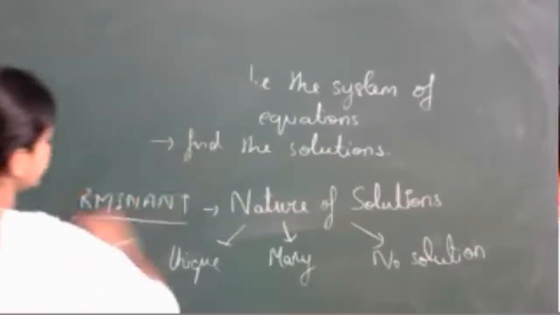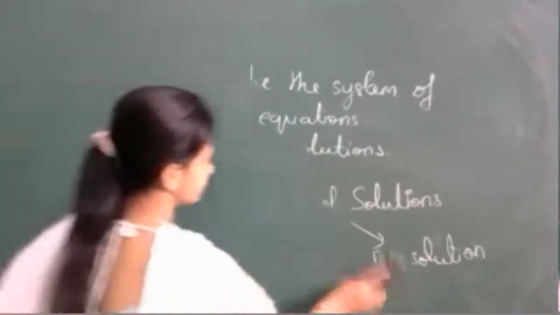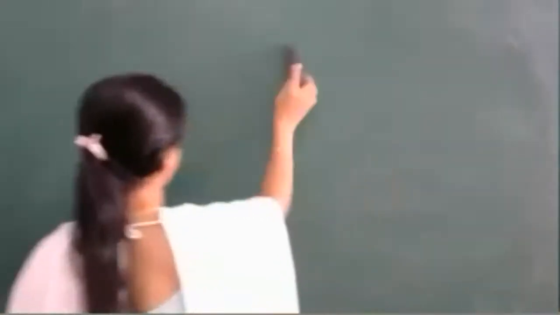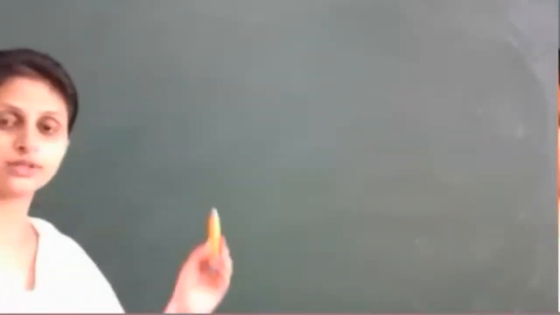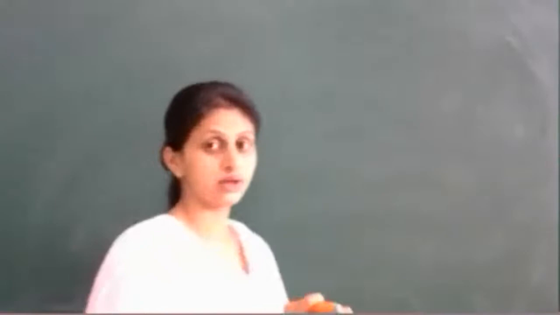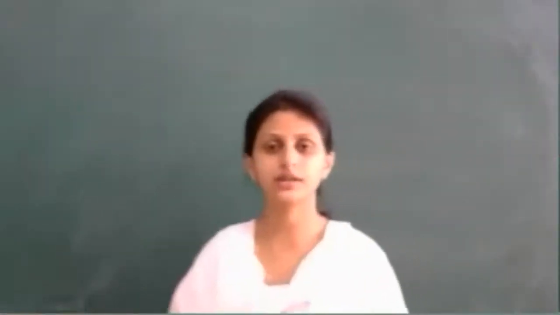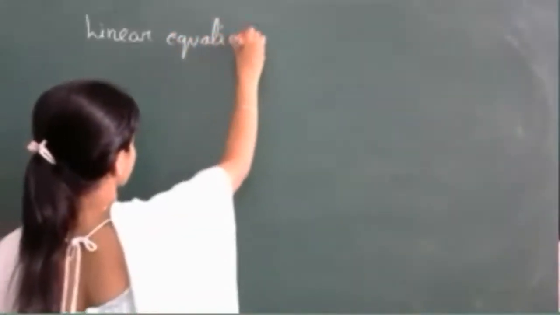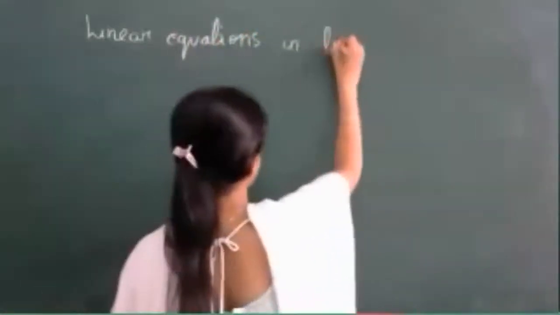Now, let us go back to our 10th standard topic, linear equations in two variables. Let us revise and remember what we have studied there. Suppose we consider a system of linear equations in two variables.